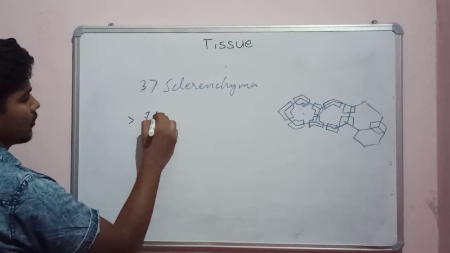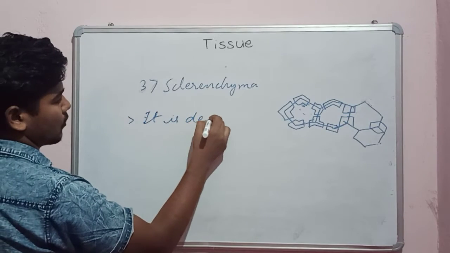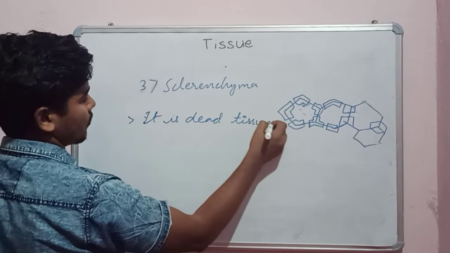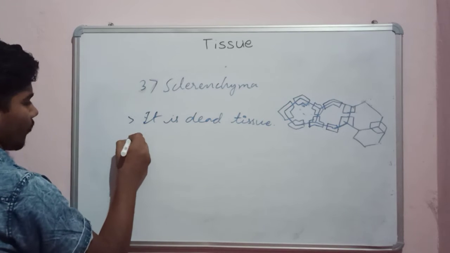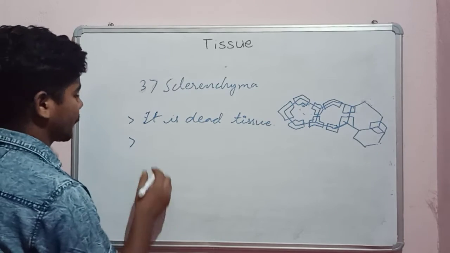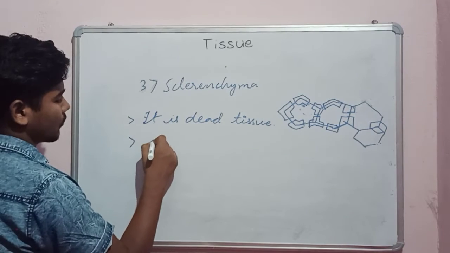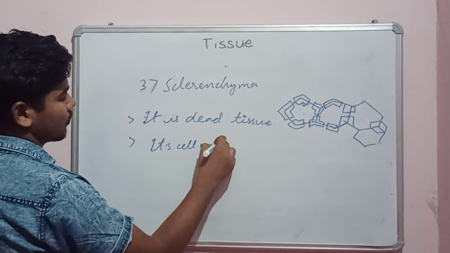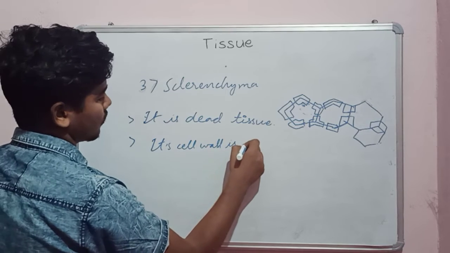After this diagram you can write: it is dead tissue. Second, the cell wall is thick.